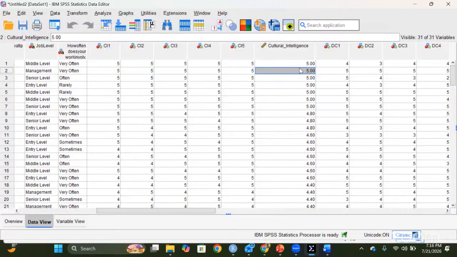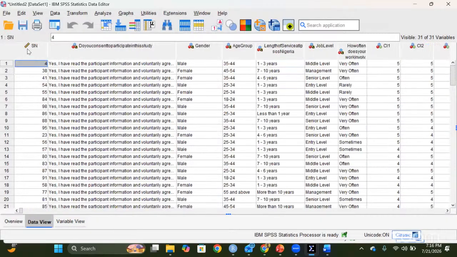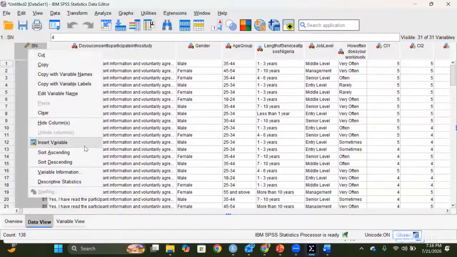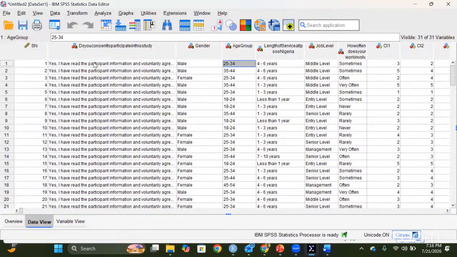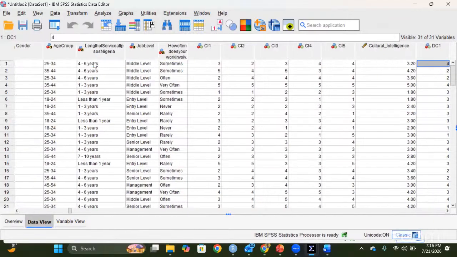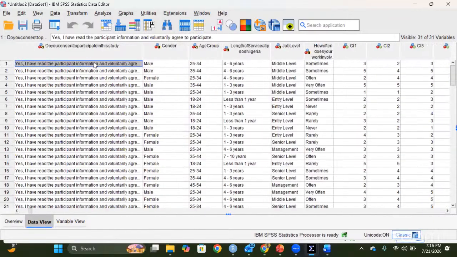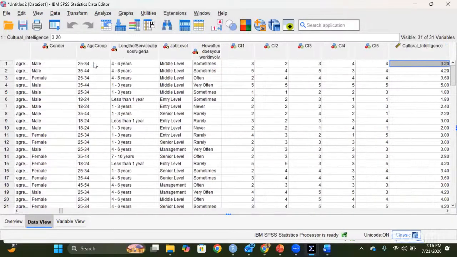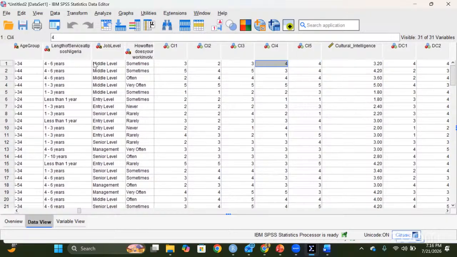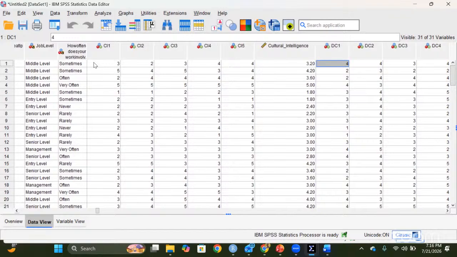Yes, that's why I said you always have to have what we call a serial number. If I want to revert to how I had it before, I'll just sort the serial number. So it changes the whole variable set? Yes, exactly. It's not changing only that column. It changes all of the variables. Even in Excel, if you sort in ascending or descending, it will also change everything.